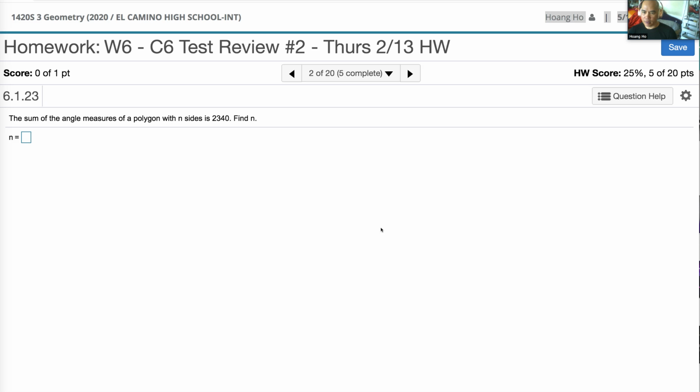So they give you the sum of all the angle measures, which means the interior angles. So this value equals (n minus 2) times 180, and they give you this value equal to 2340. So just solve this equation for n.